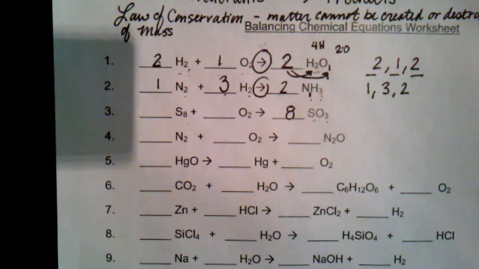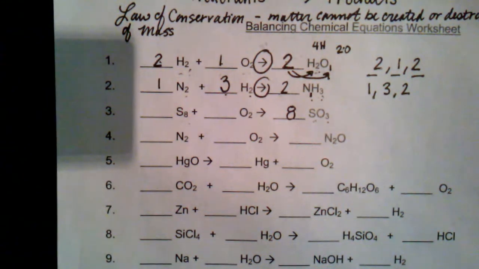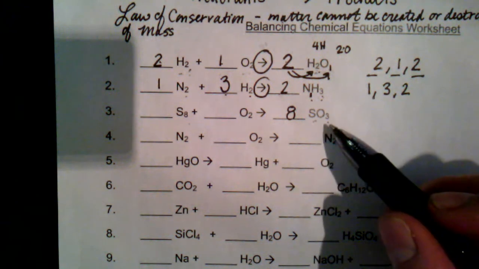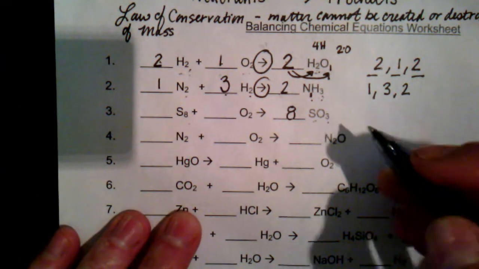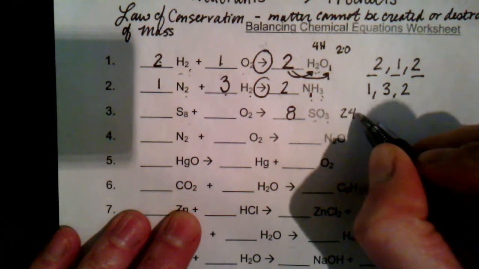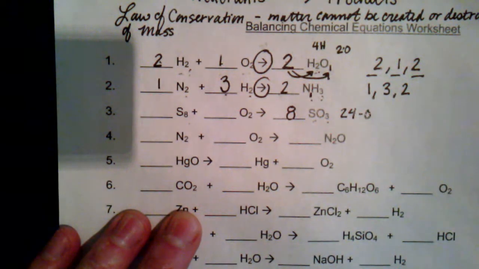Now, how many oxygens does that leave us with on the right-hand side? So we put that 8 there, and there was already a subscript of 3. So 8 times 3 is 24. We have 24 oxygens on this side. Okay?